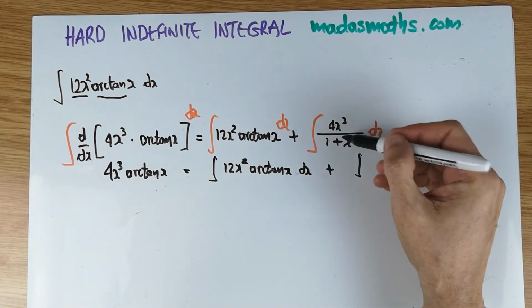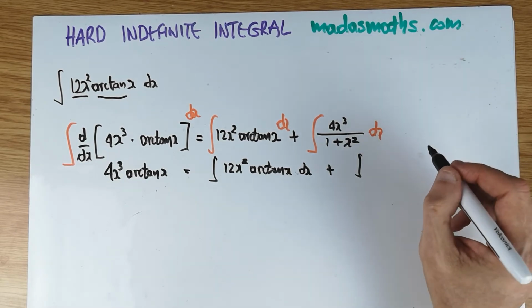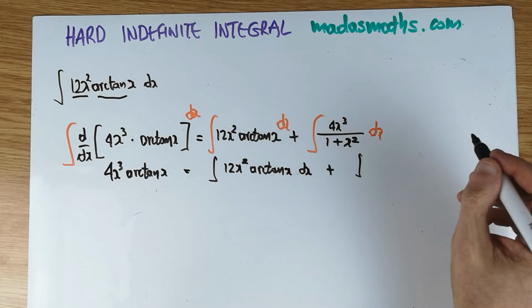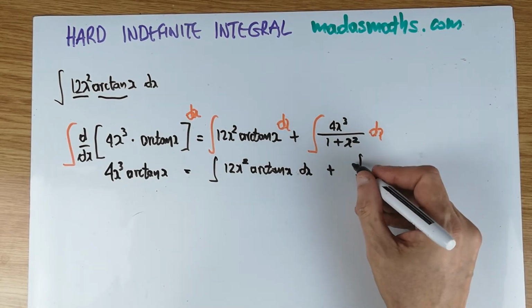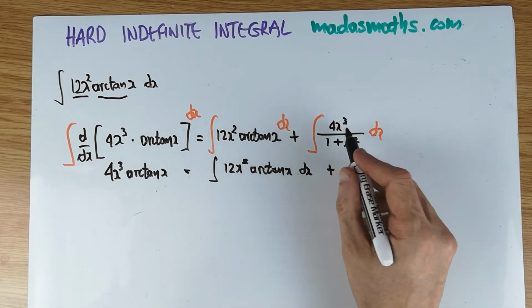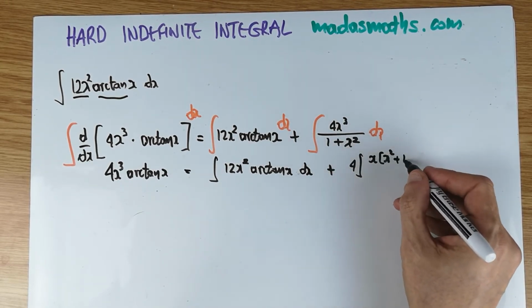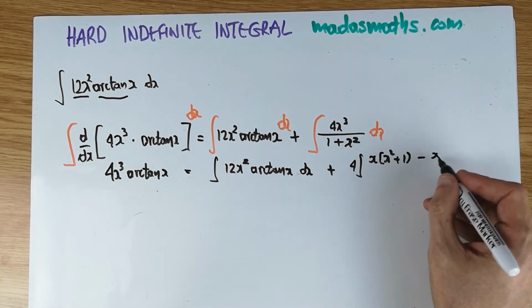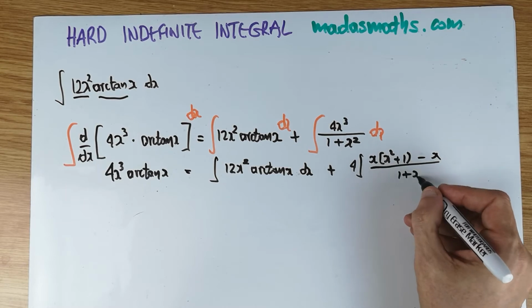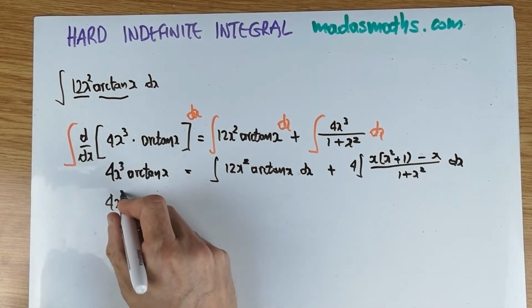That's improper. So what I could do with this particular quantity is pull the 4 to the front, and the x cubed, I can write it as x squared plus 1 times x, minus x, over 1 plus x squared, dx.